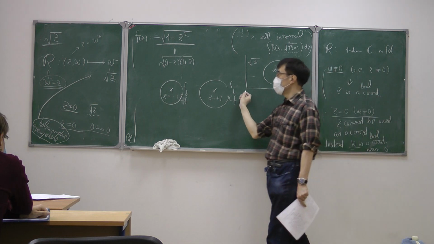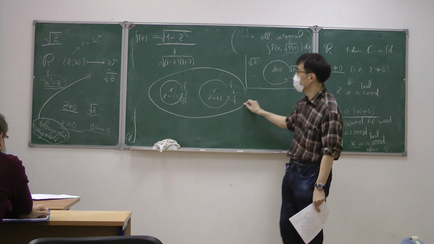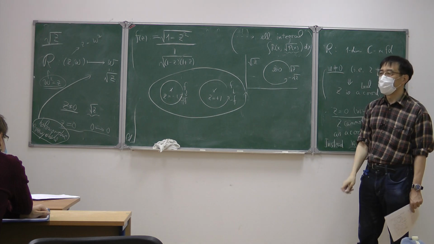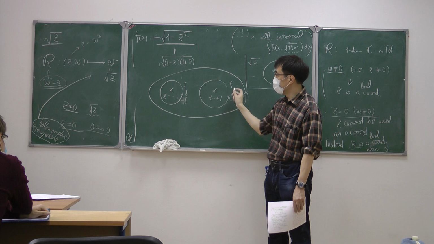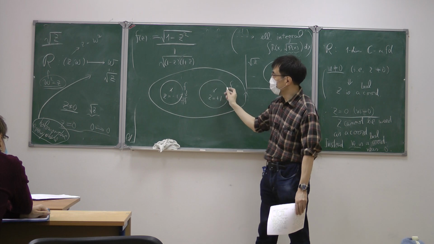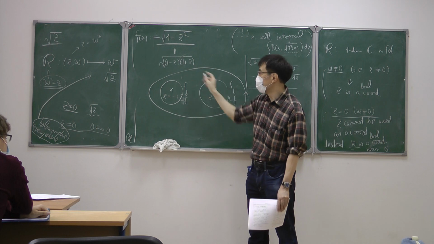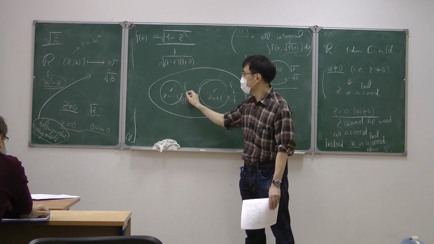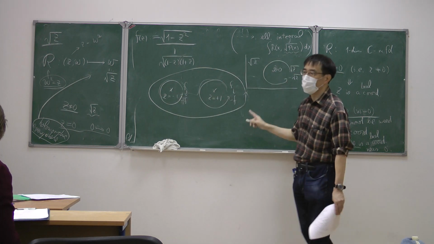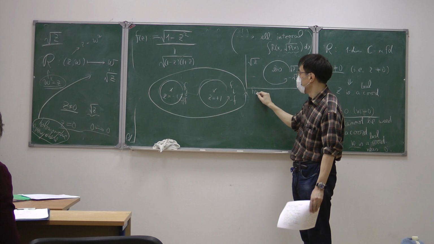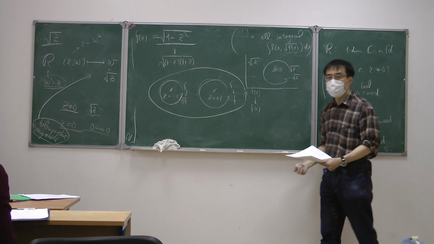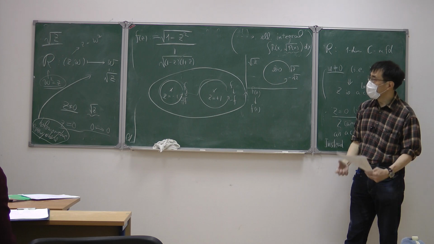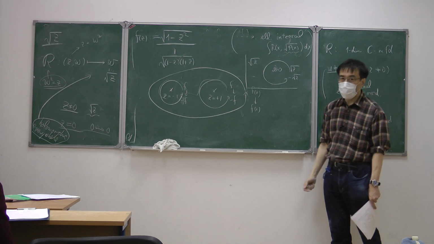And if we go around, for example, in this way, and you trace the change of the value like this and like this, then you will see that z gets back to its original value.